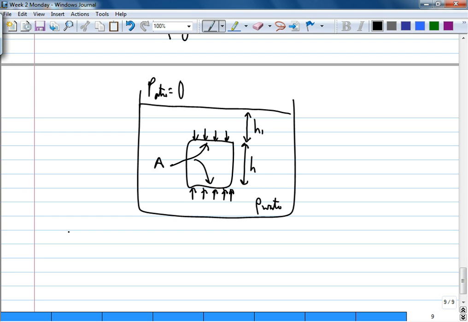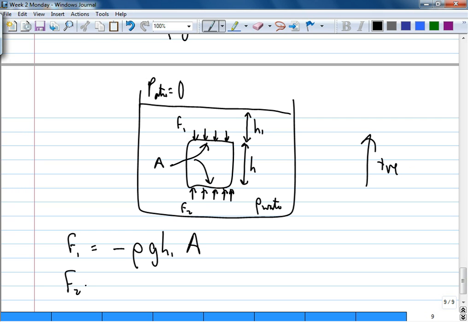So the force on top, I call this F1, and this F2. F1 is equal to, sign convention again, this way positive, F1 equals minus rho G H1 times A. Is that alright?